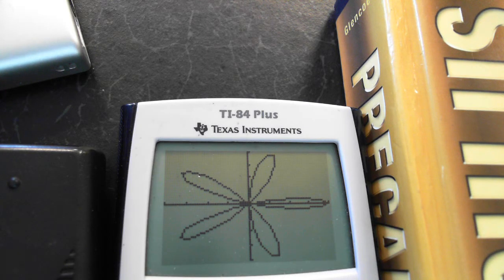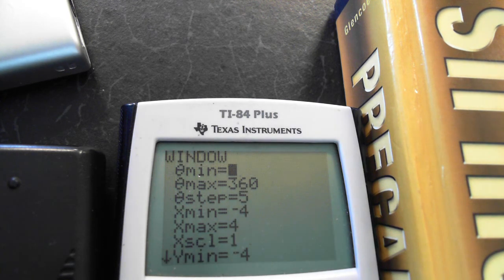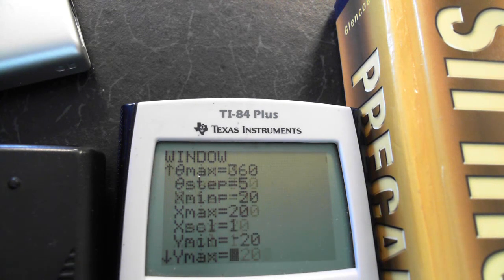Now, 25B will apparently give you a nice outline of a little animal called the crown of thorns sea star. Let's see it. 20 cosine 8 theta. Josh, do you have a feeling what this thing is gonna look like? No idea.